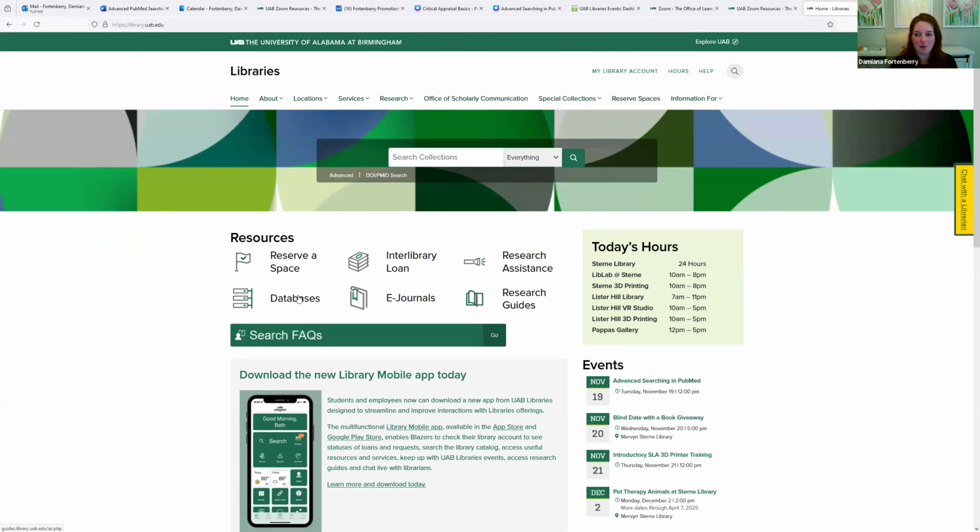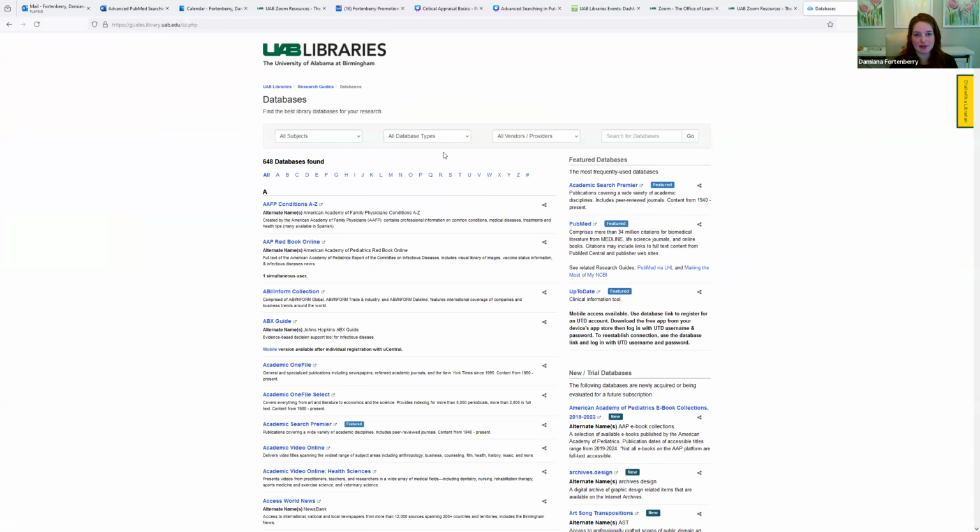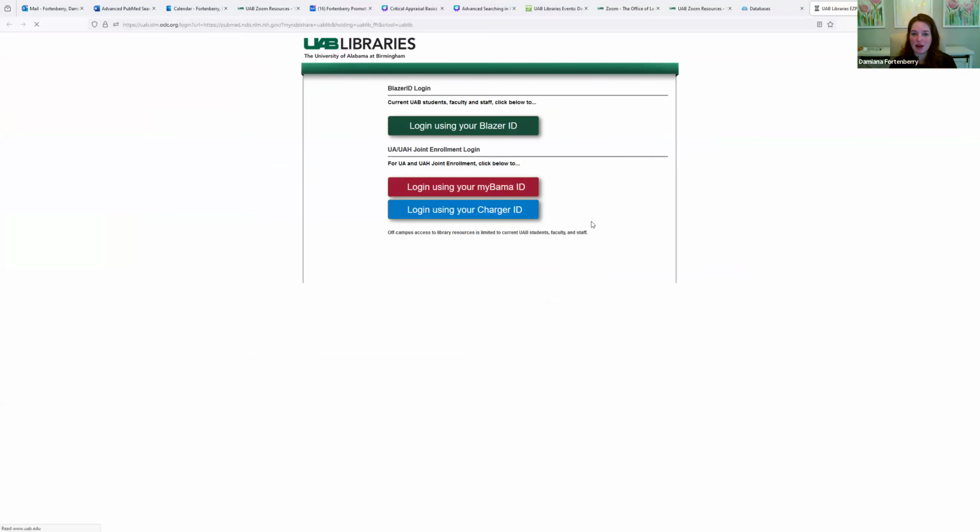So this is the library homepage. And we'll go to databases. And PubMed is here on this right-hand side under the most frequently used. Most frequently used because it is very, very popular for good reason.